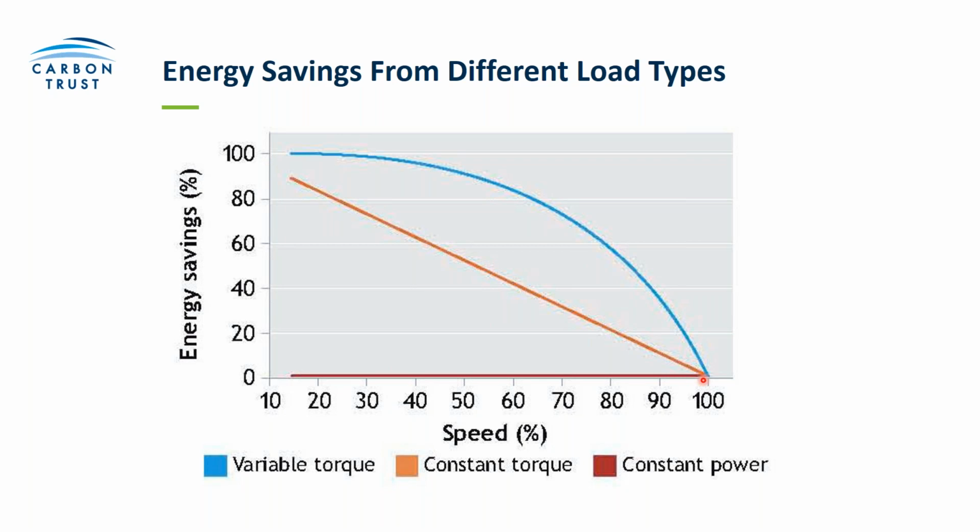And with regard to variable torque, that's where you see the greatest benefit. So you start to see significant energy savings for small reductions in speed. So looking at a 20% reduction in speed, you're saving around 50% of energy use, and those variable torque loads are things like fans and systems like that, which benefit very much from the use of variable speed drives.